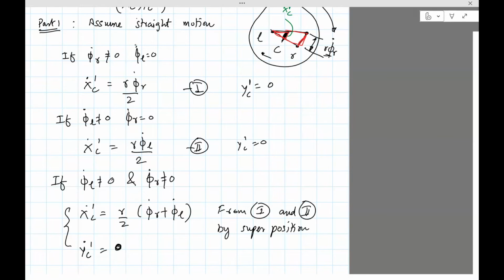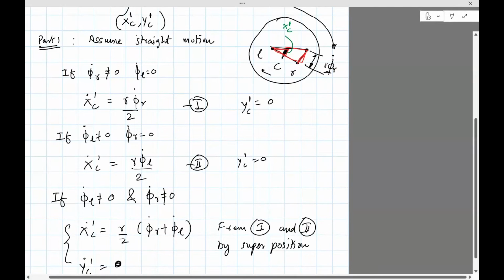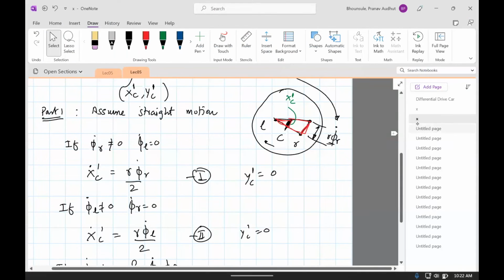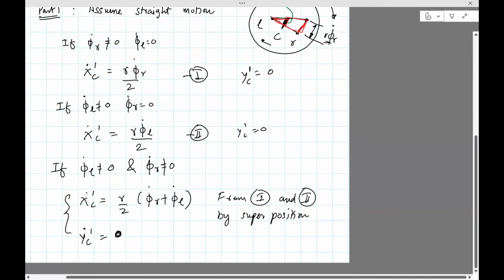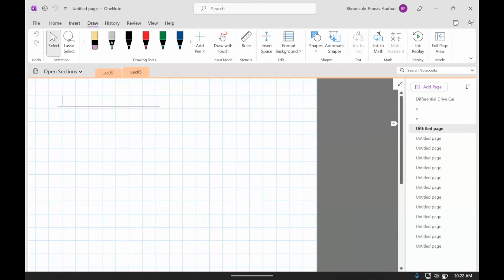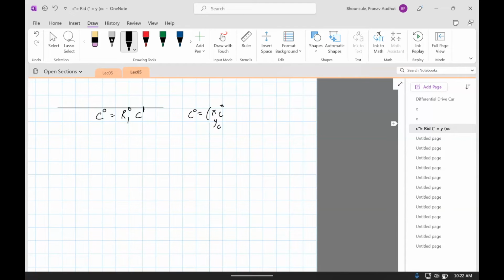We want to find the corresponding equation in frame 0, because ultimately what we care about is the world frame. So we can now use some of the things we developed earlier. We wrote down a formula for C0 as R10 C1, where C0 is XC0, YC0, and C1 is XC1, YC1.